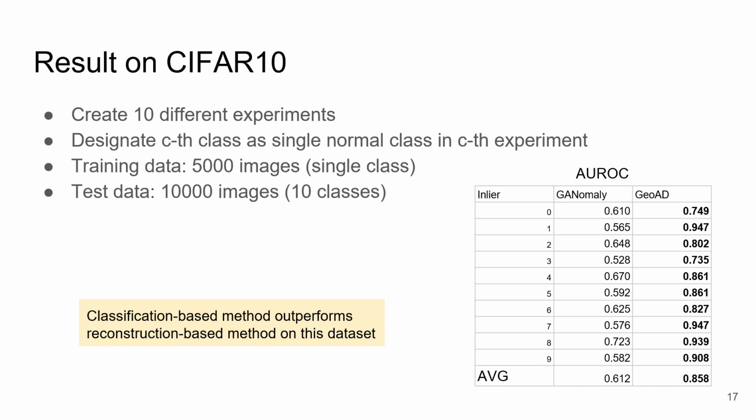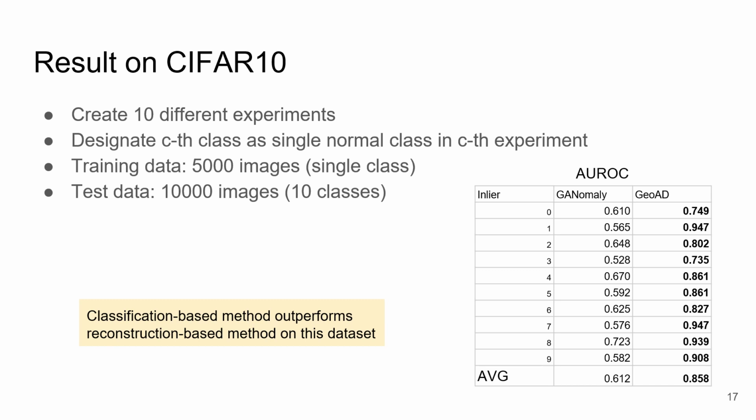For example, experiment 0 uses class 0 as inlier, experiment 1 uses class 1 as inlier. So the training data has 5,000 images, only one class. And the test data consists of 10 classes, with 10,000 images.